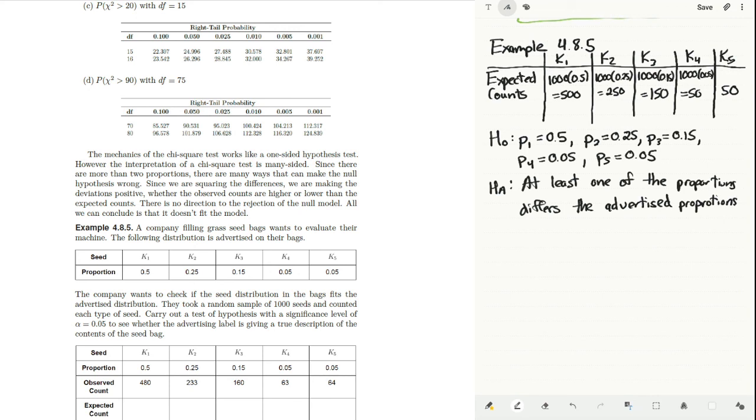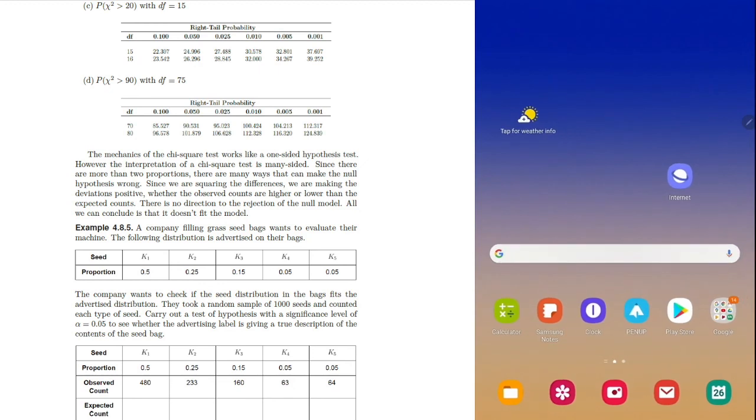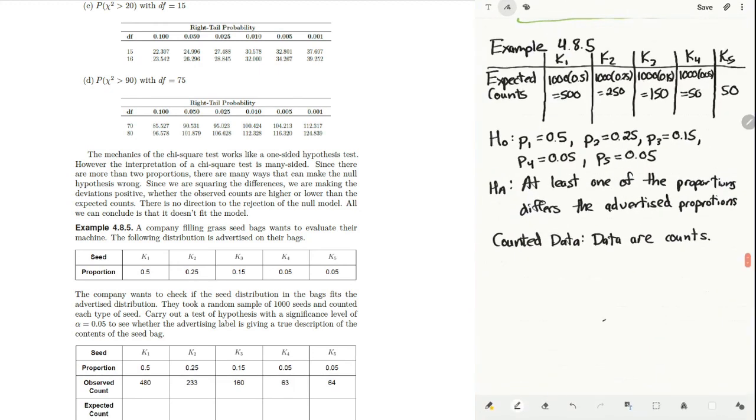So now we'll check the assumptions and conditions. The first condition is the counted data condition. The data that we have must be in counts, which they are, so this condition is satisfied. Then we have the independence and sample size assumption.